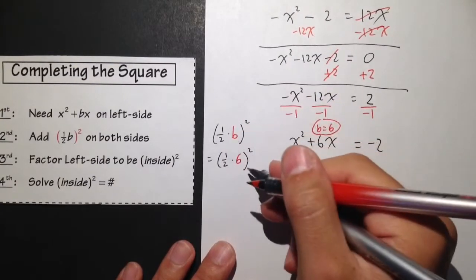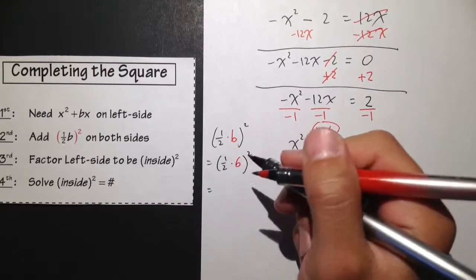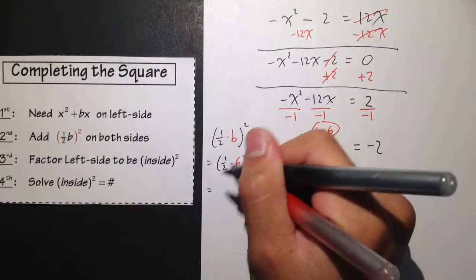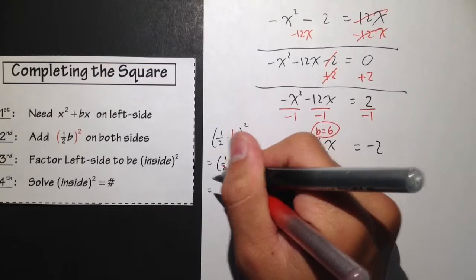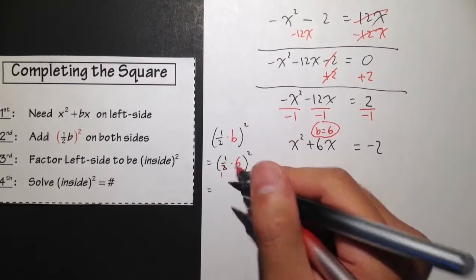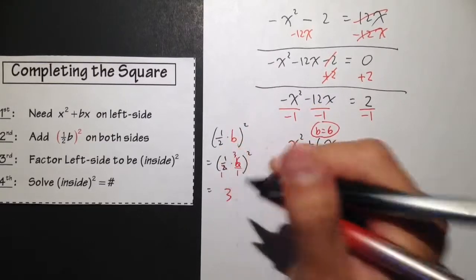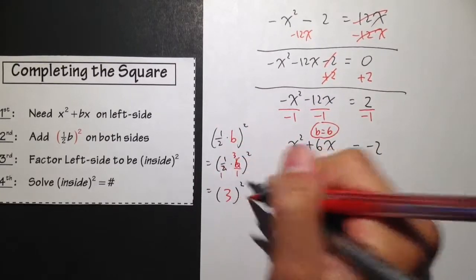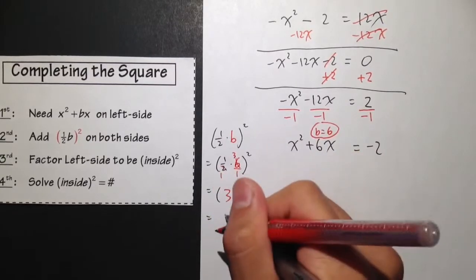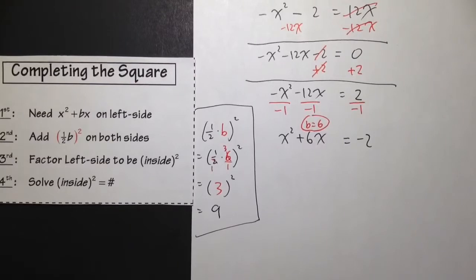Again, that's my b, this is my 6. 1/2 times 6 is equal to 3. You can look at that as 6 over 1, and then this is 1/2. 2 goes into 2 once, and 2 goes into 6 3 times. So we get a 3 inside. Square that, 3 squared is equal to 9.